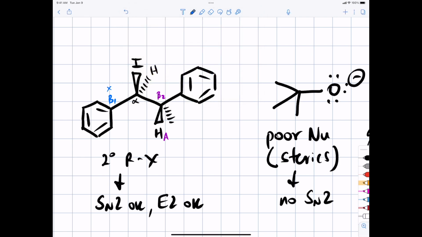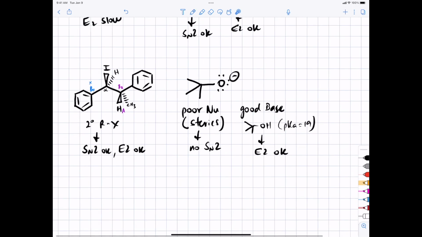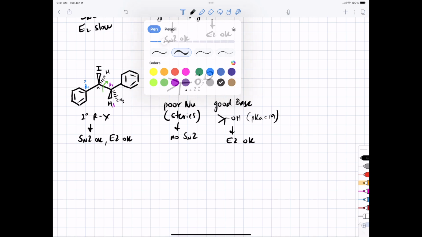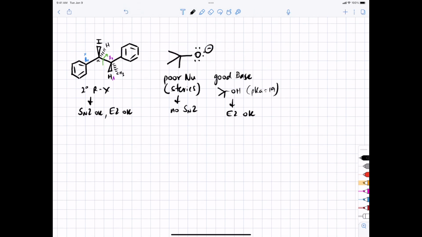Beta carbon 2 has one and only one proton on it. That wedge there is a CH3 group. As it's drawn here, that proton is not anti to the leaving group. However, we can rotate around a carbon-carbon bond such that we move beta proton A down into the page to occupy the wedge position.